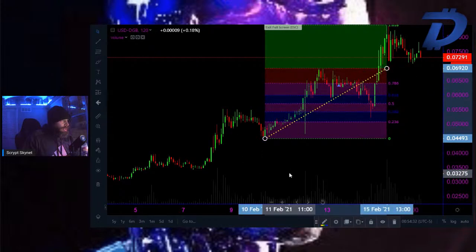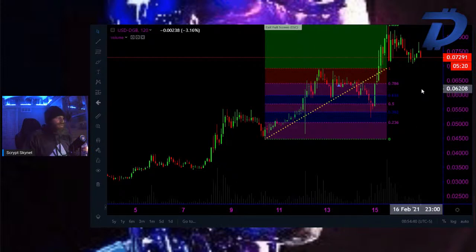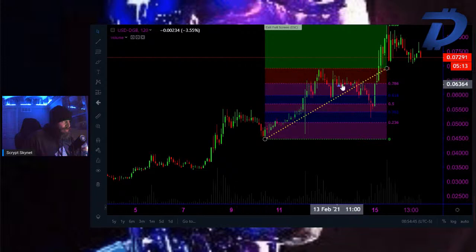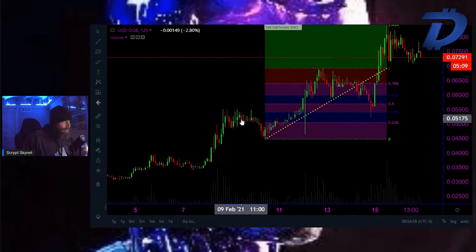I did change these colors because they're better on the eyes, and I put the numbers on the right side instead of cluttering this whole chart. Okay, so we can see.